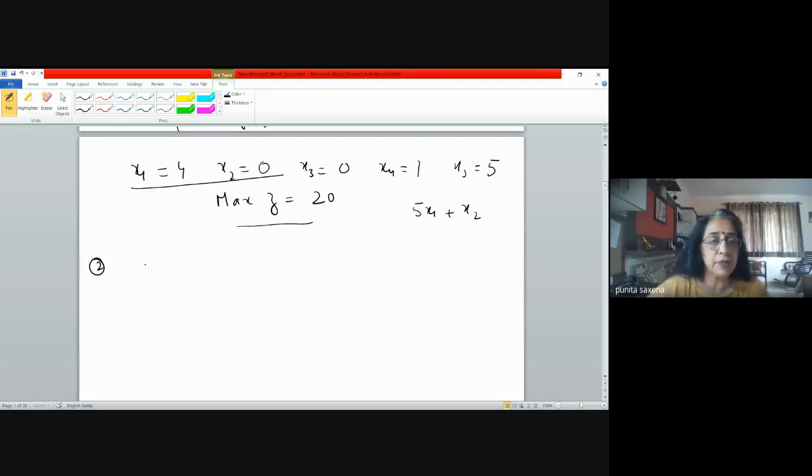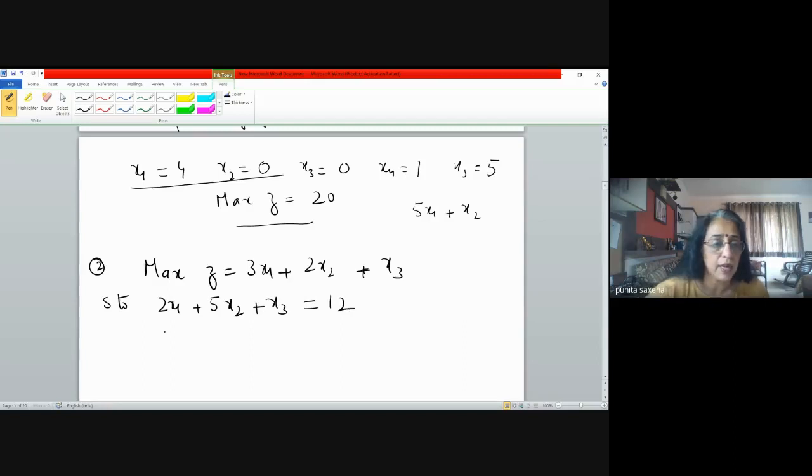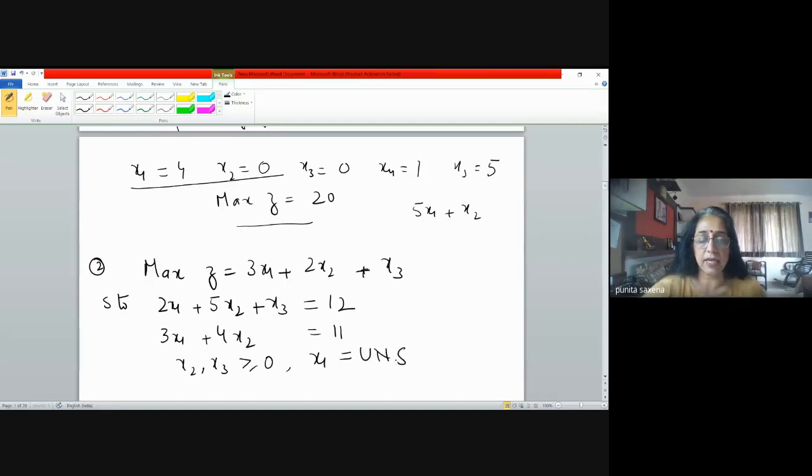Like for example, supposing you have to solve: maximize z equal to 3x1 plus 2x2 plus x3 subject to 2x1 plus 5x2 plus x3 equal to 12, then 3x1 plus 4x2 equal to 11, x2, x3 more than or equal to 0, and x1 is unrestricted in sign.